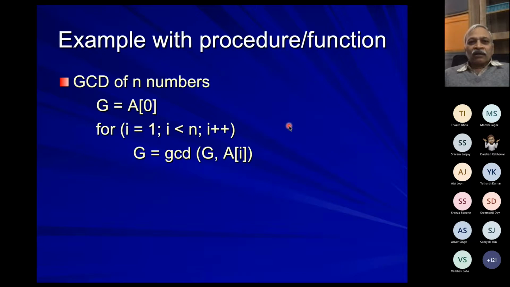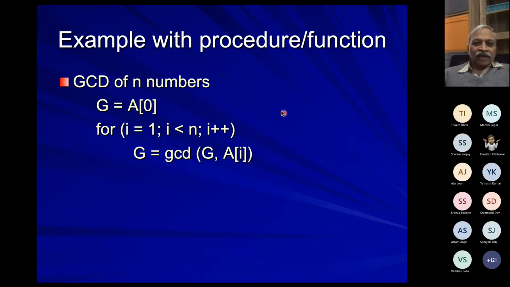Okay, now let's look at an example where we will be using a function and function call. Suppose you want to compute the GCD of n numbers, and these n numbers are stored in an array.